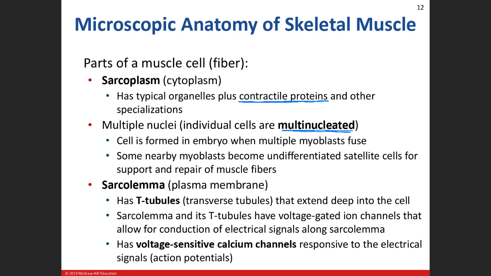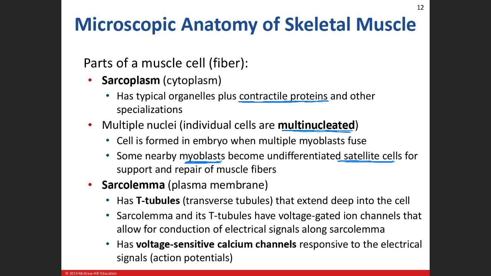They just started fusing, but none of them wanted to give up their nuclei, so they fused into one cell, and that is why we have multiple nuclei.